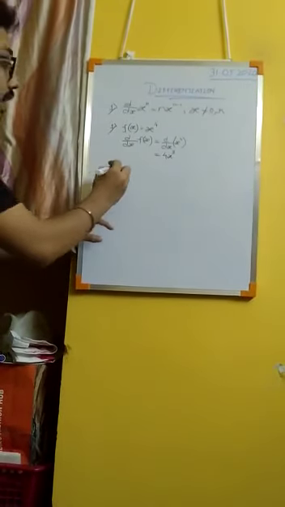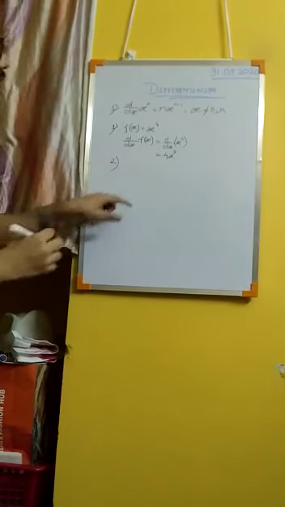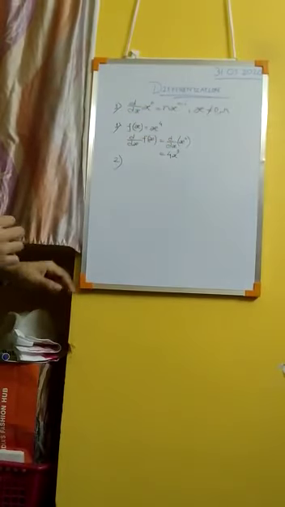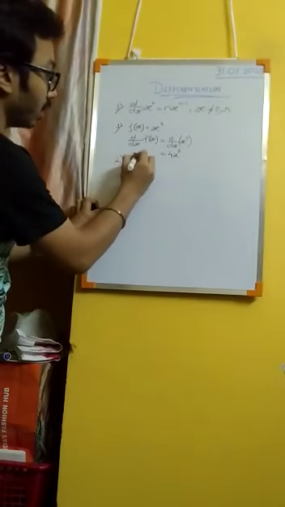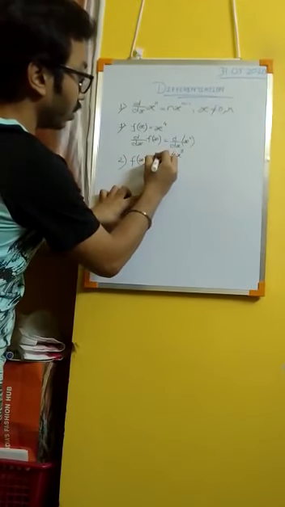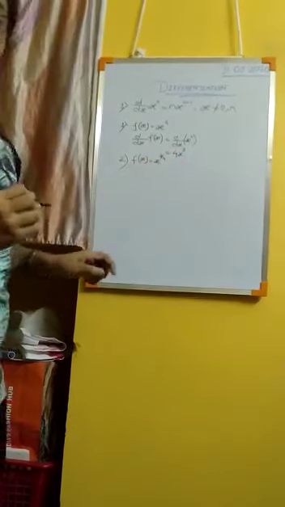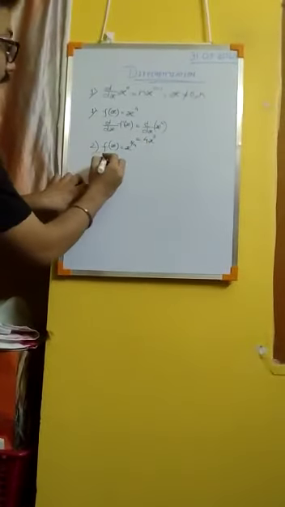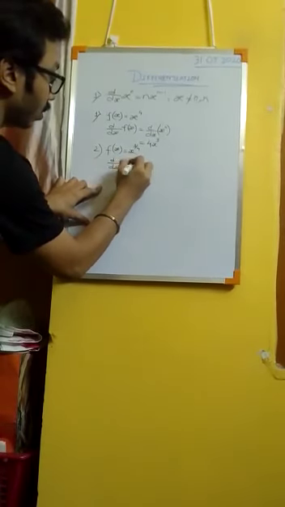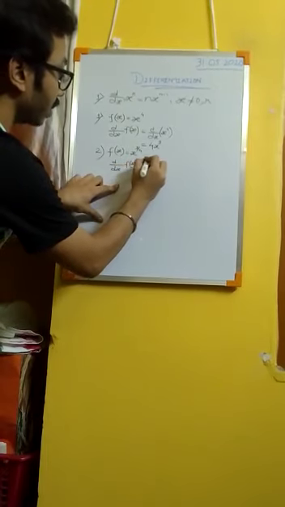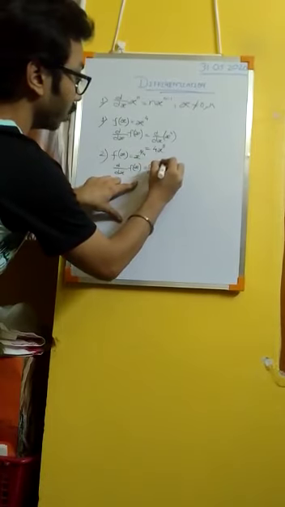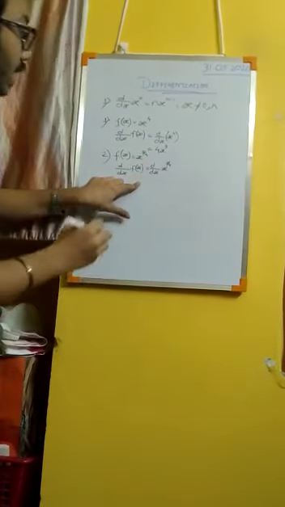So the next application of d/dx of x to the power n equal to n x to the power n minus 1 is: find the differentiation of f(x) equal to x to the power 3 by 4. We can write d/dx of f(x). In the second step we will substitute f(x) by x to the power 3 by 4.